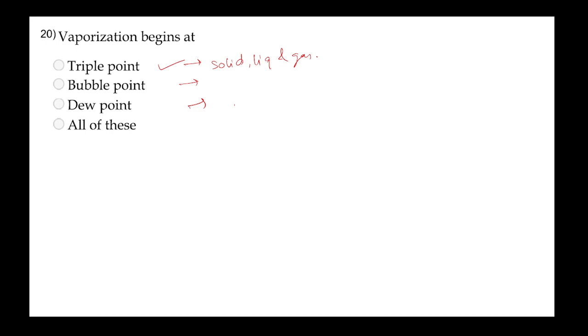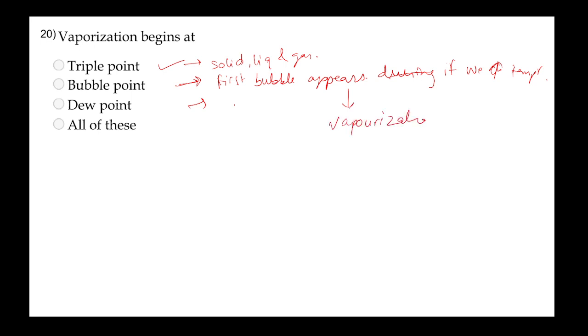So the correct answer here is bubble point, because this is the point where the first bubble appears if we increase temperature, which is nothing but vaporization of liquid. So the correct answer is bubble point here.